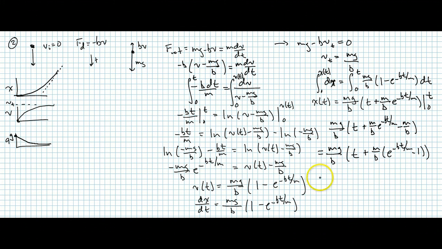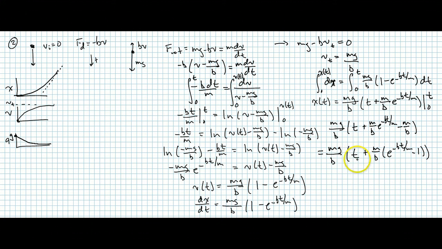So what's going on here is that at 0, this term is 1, which means this whole thing goes away. This is also 0, so our initial position is 0. That's fine. As we go up, this term gets smaller and smaller and smaller. So we end up getting to a constant here. This goes to 0, so we get a minus m over b.